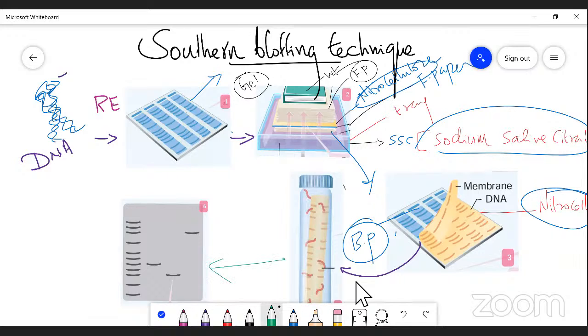So when we use autoradiography, one of the instruments, it is an instrument which is used to detect nucleic acids which are present in the nitrocellulose membrane.